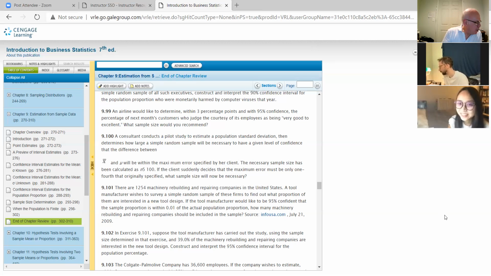Well, go ahead, Han. Remember, there's nothing given in this problem except for the sample size. So it's saying, all right, what if the margin of error is now 1/4 of what we originally wanted?